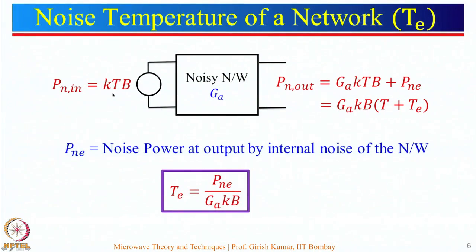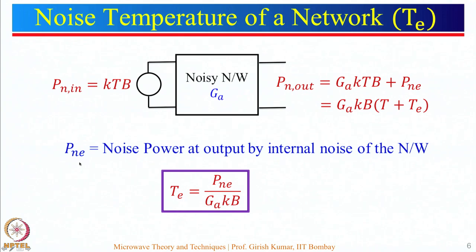So, let us just represent now. So, we had seen that Pn is nothing but equal to KTB, and that is given to the noisy network. So, let us see what will be Pn out. So, Pn out will be nothing but gain multiplied by this particular power. So, that will be Ga KTB plus Pne, which is nothing but noise generated by this particular network. So, this particular thing is now further written in this particular form, where Pne is represented in the form of Te multiplied by these terms over here.